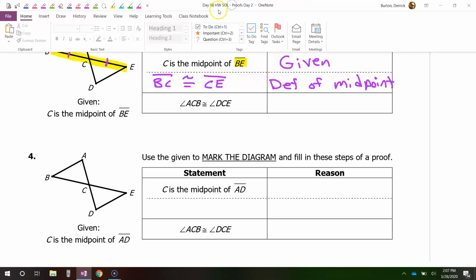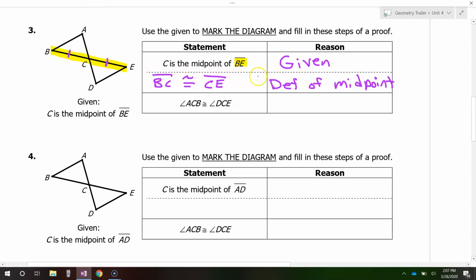And in fact, let me emphasize this to you. It should be fairly simple, but a lot of students mix this up. They mix up the definition of midpoint and the definition of bisector. Here's a hint. Look diagonally at the previous statement. If it says midpoint, it's probably going to be the definition of midpoint.